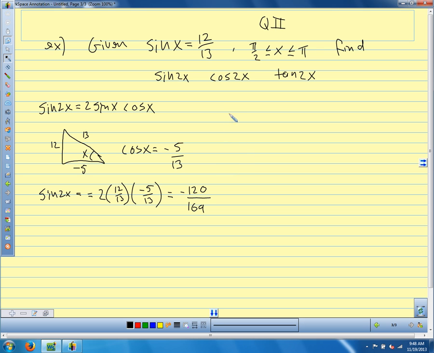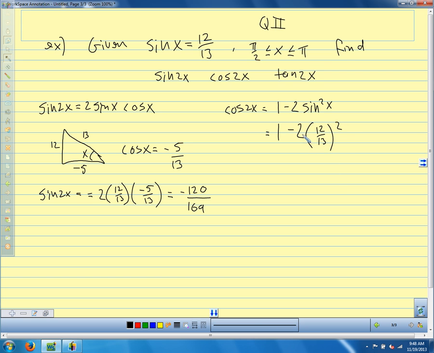So the cosine of 2x is 1 minus 2 sine squared x. So I plug in my numbers, 1 minus 2 times 12/13 squared.